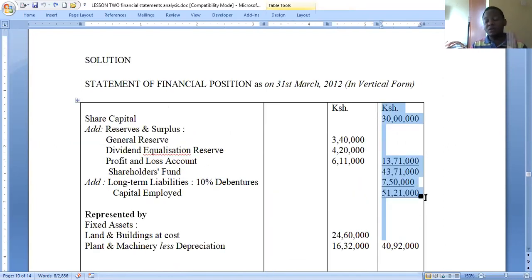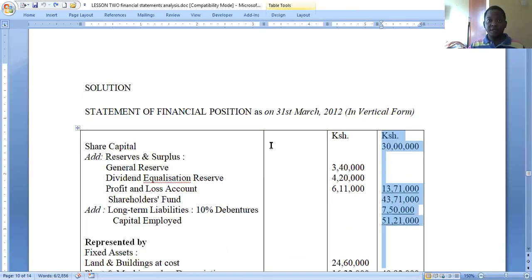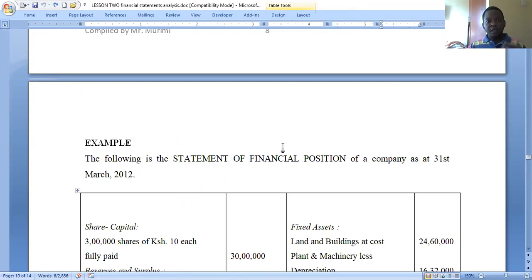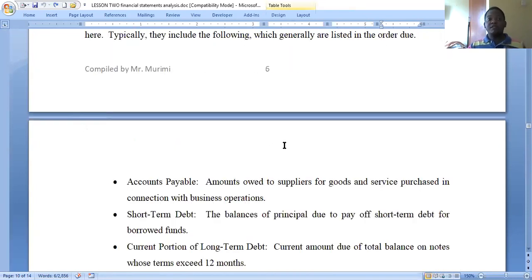So it will be easier to compare when presenting the financial statements in the vertical format. Therefore, in this case, we are presenting our financial statements in the vertical format.